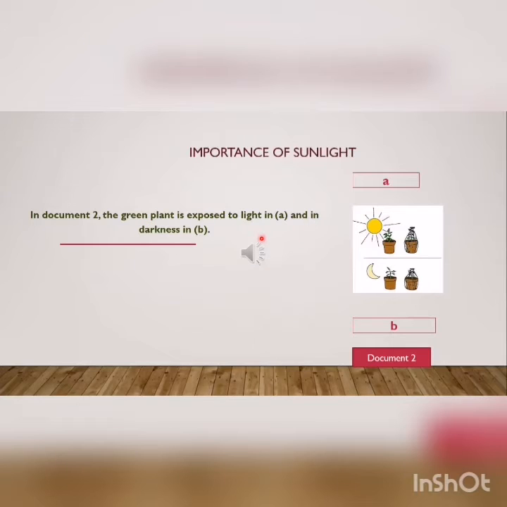One plant is exposed to light in A and in darkness in B. Indicate the variable condition of this experiment. We make a little comparison between the two. In A there is sunlight, in B there is no sunlight, so the presence of light is the variable condition.